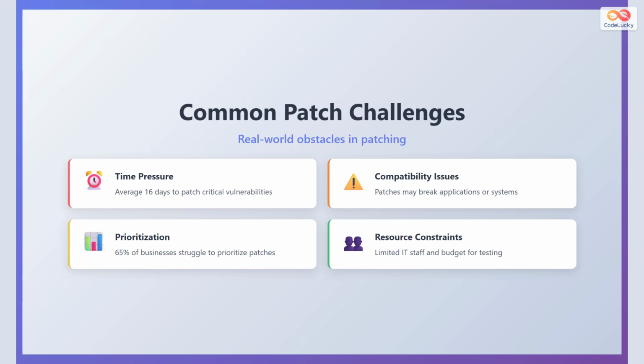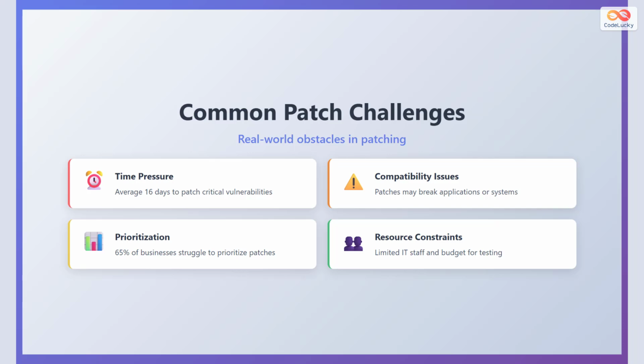Real-world patching faces several significant obstacles. Time pressure is a major challenge, with an average of 16 days needed to patch critical vulnerabilities. Organizations struggle to deploy quickly enough before exploits appear. Compatibility issues create another problem. Patches sometimes break applications or cause systems to malfunction unexpectedly.